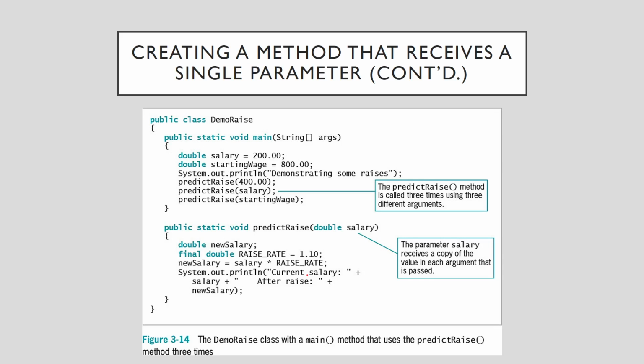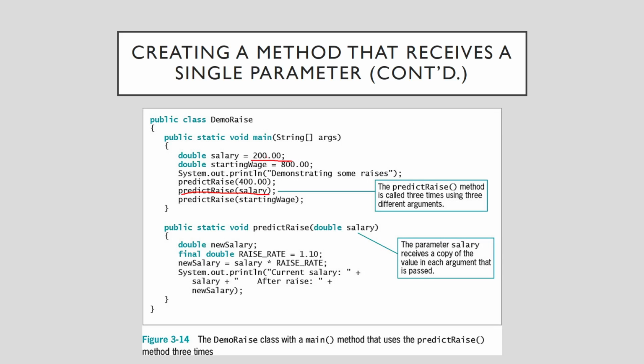Now we have the predict raise method call, passing salary as an argument, in which the value of salary is 200.00. This value will be passed as an argument for this method call.